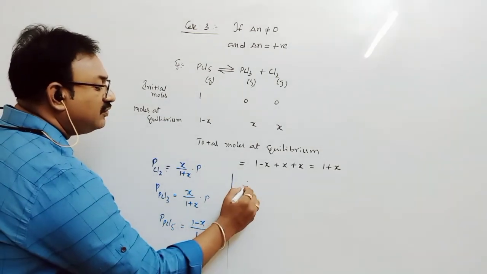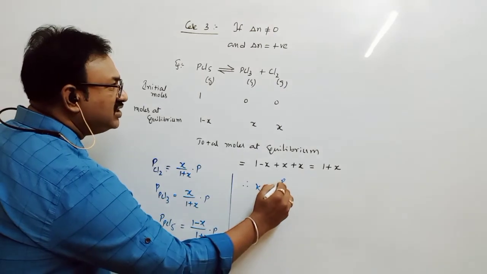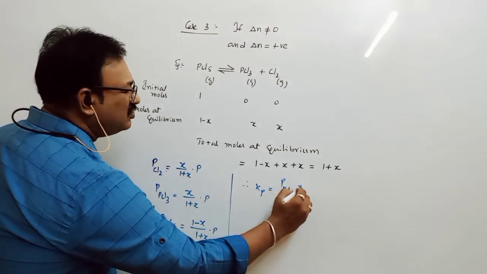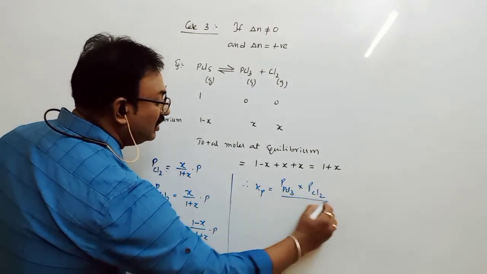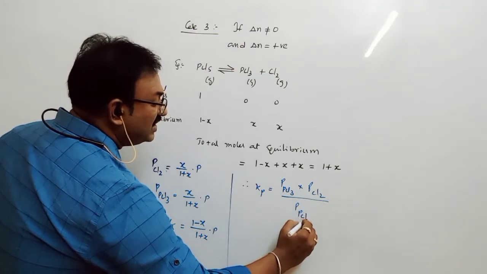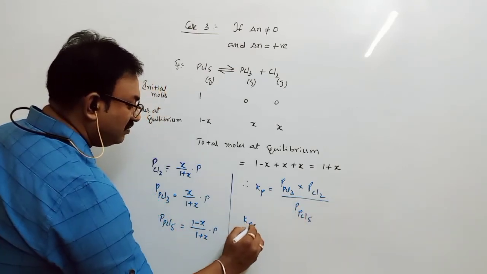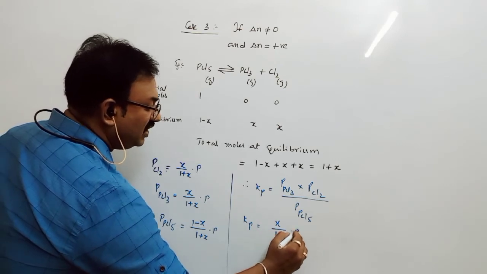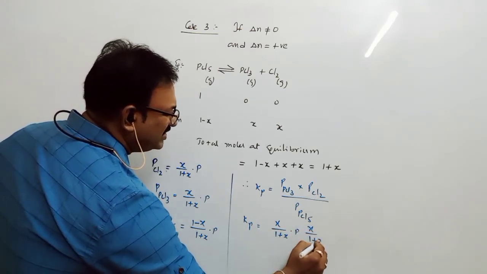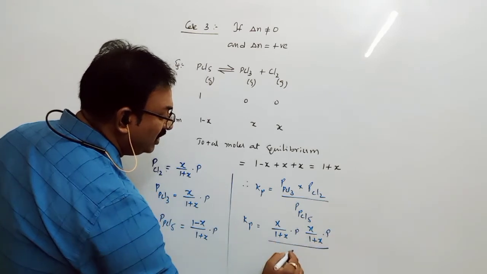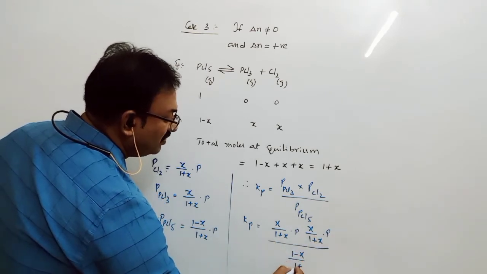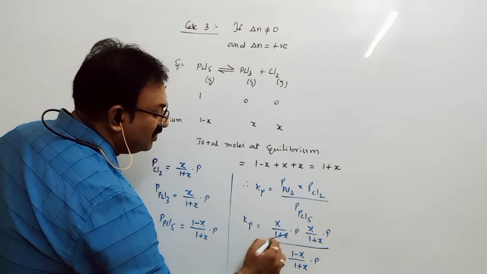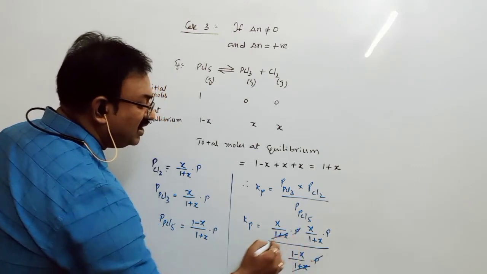Right. Therefore, Kp is equal to partial pressure of PCl3 into partial pressure of chlorine by partial pressure of PCl5. So Kp is equal to x by 1 plus x into P, x by 1 plus x into P by 1 minus x by 1 plus x into P. So 1 plus x, P get cancelled.